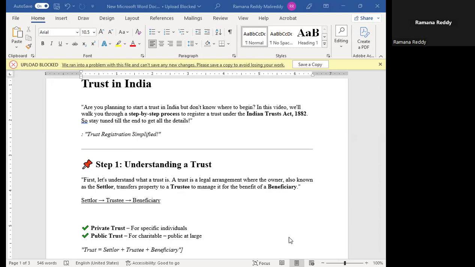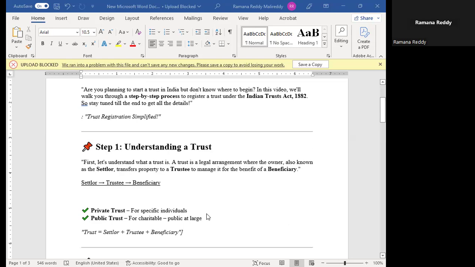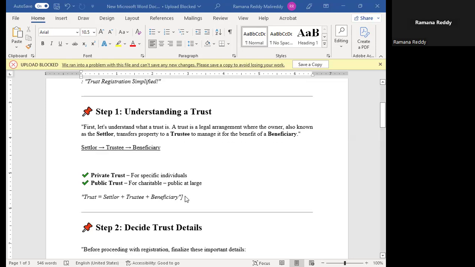So this is the understanding of a trust. Then here three parties are involved: settlor, trustee, beneficiary. Settlor, also called an author, also called an owner.